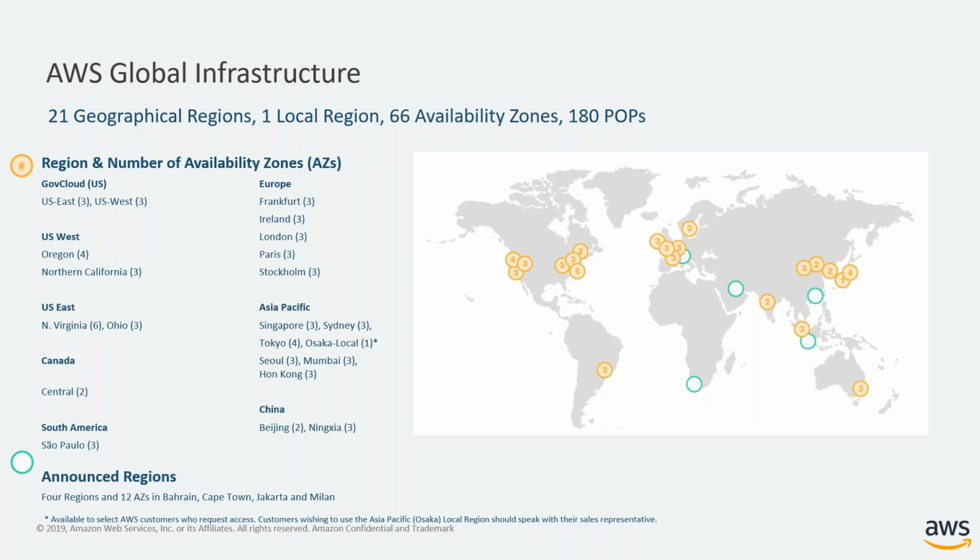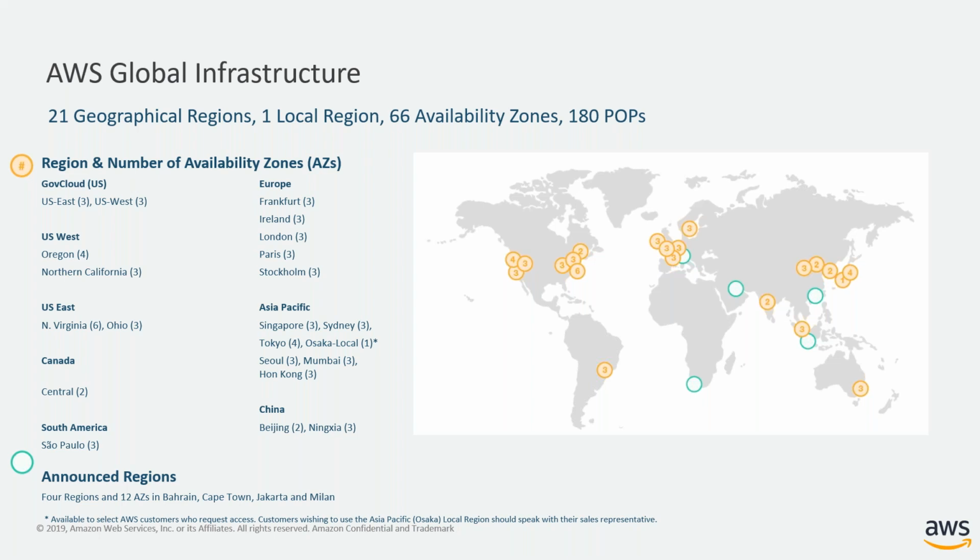We have regions where we cluster data centers, which we call availability zones, in a particular geographical location. Currently, we have 21 geographical regions around the world, and we have 66 availability zones within those regions.